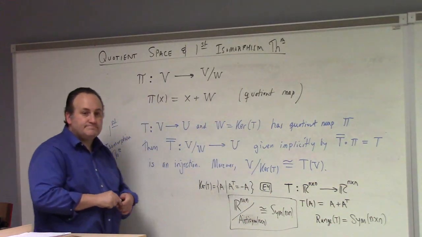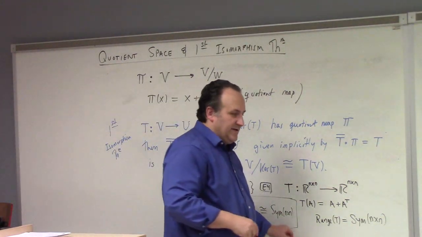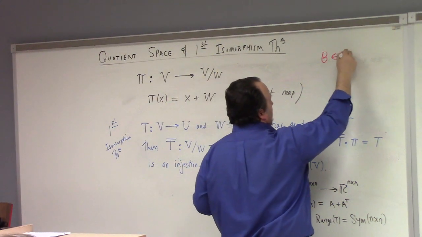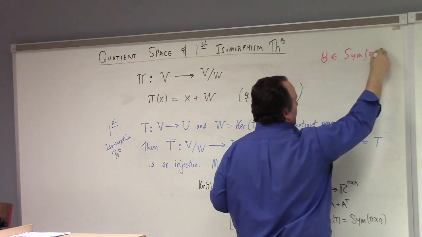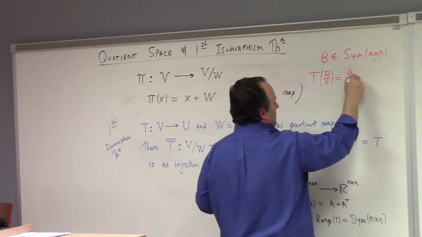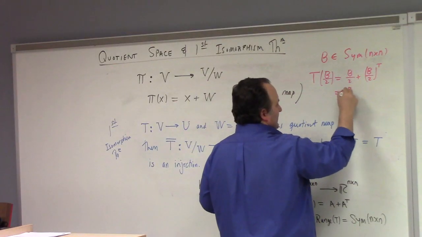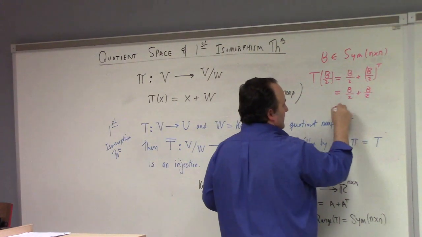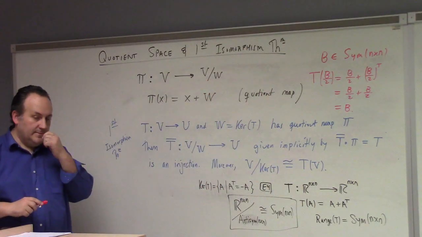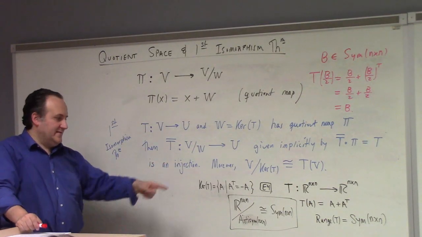Wait, why is the range symmetric? Oh, because give me your favorite symmetric matrix. How about B? If I take T of B over 2, I get B over 2 plus B over 2 transpose, also known as B over 2 plus B over 2, also known as B. That's a symmetric matrix.